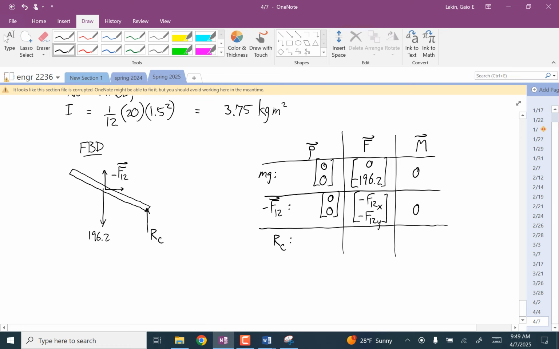So you can think of that as a distance of 0.75 times cosine and sine of negative 40. Just the flip values of the other one. Sort of one flipped and one not flipped. Force vector for RC would be 0 and RC.